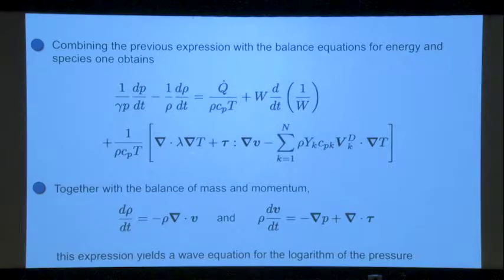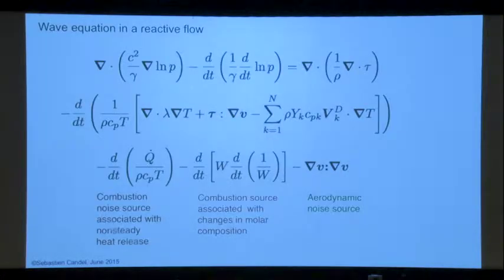So you have a bunch of terms which we didn't have previously. The heat conduction is here. This is the viscous stress. These are the fluxes coming out from the various species and so on. And this has to be together with the balance of mass and momentum. And from this set of equations, you get something which starts to look like a wave equation.